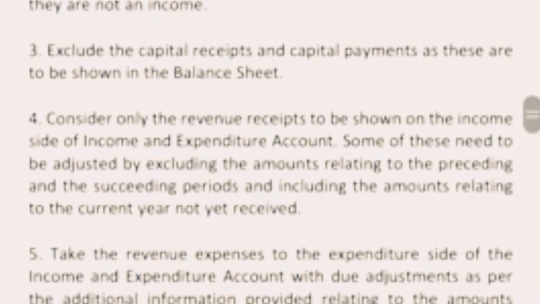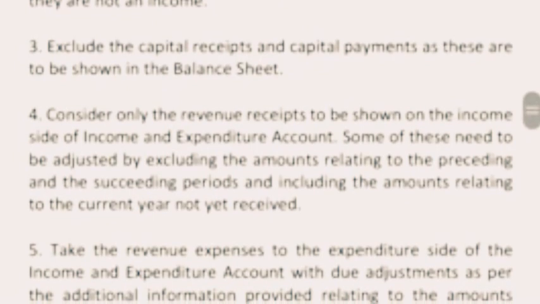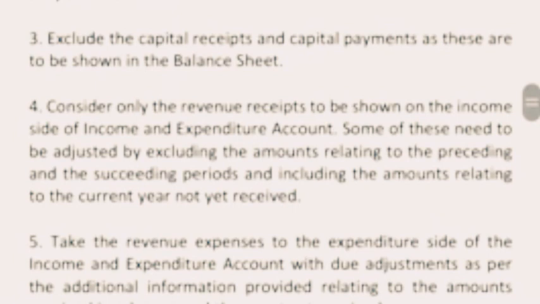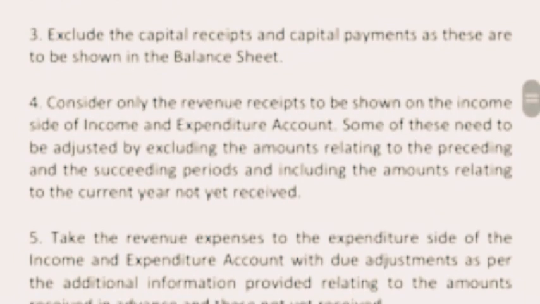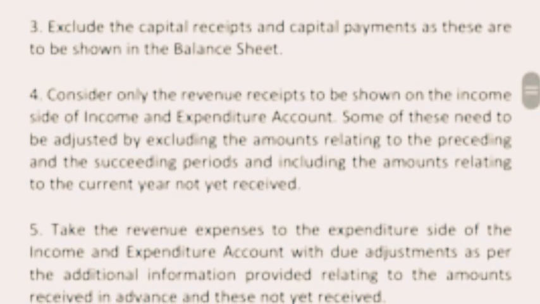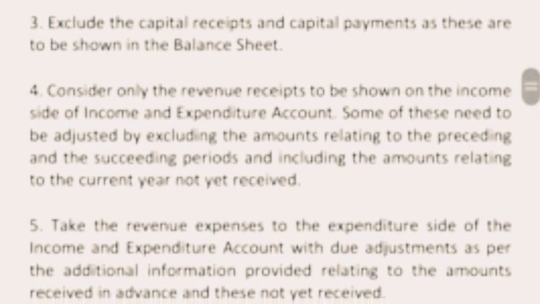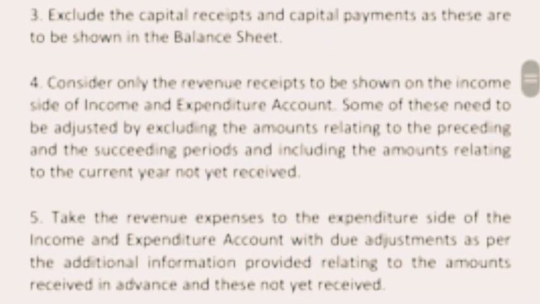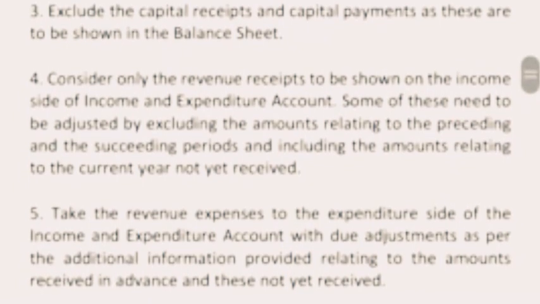Now when the total of the income is greater than the total of the expenditure, it will be a surplus, which is the general case. If in rare cases the total expenditure is greater than the total income, then it will be treated as a deficit for an NPO. This is a rare case.